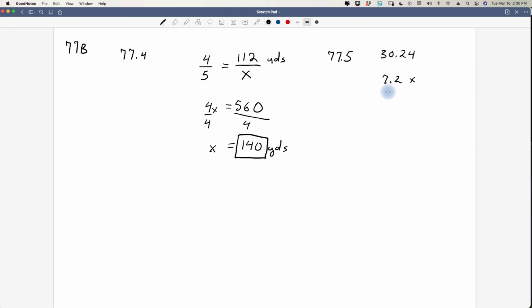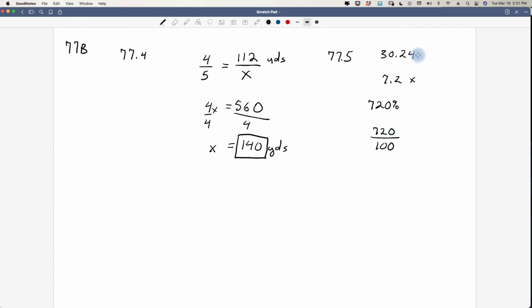So here's how we set that up in a cross multiplication. We know this is 7.2 times. So if we take 7.2 and turn it into a percent, anything in front of the decimal goes in the hundreds place. So that's 720%, which translates into 720 over 100.